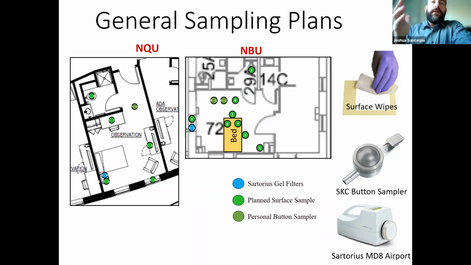A lot of what we've done, I was going to talk a little bit about what we've done over the last couple of years in terms of sampling in the clinical environment and the other kinds of bioaerosol work that we've done. This is just some examples of how we did some sampling in some of our clinical spaces. A lot of times, the decisions you have to make about what you're going to sample and where you're going to sample have a lot to do with the rest of the environment that you're working in.